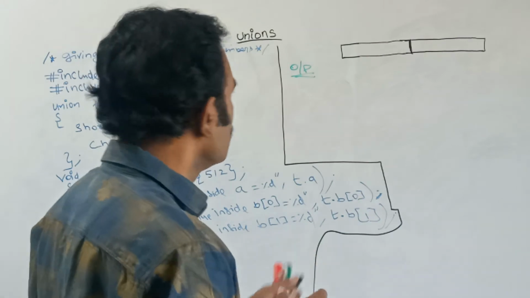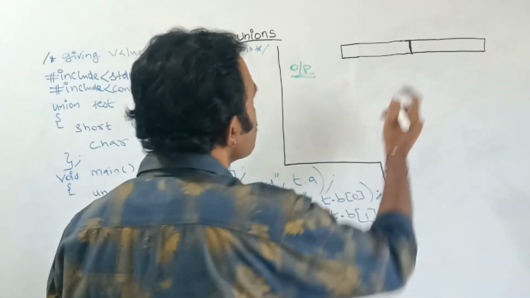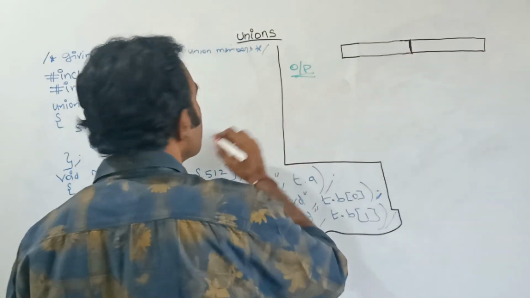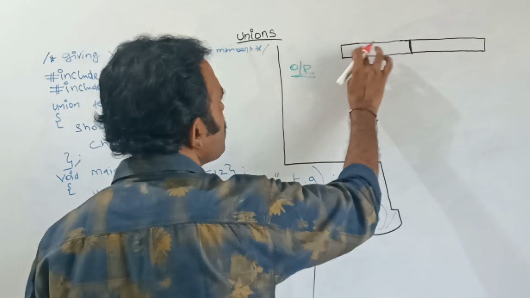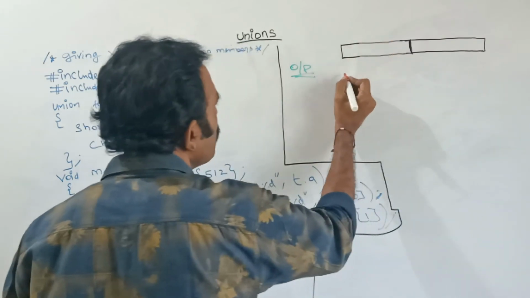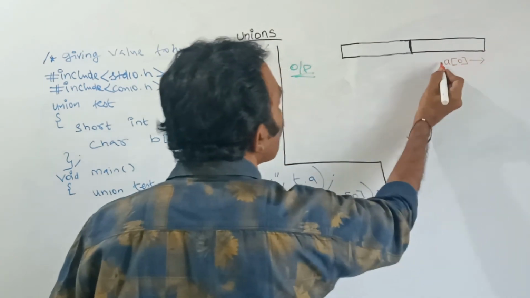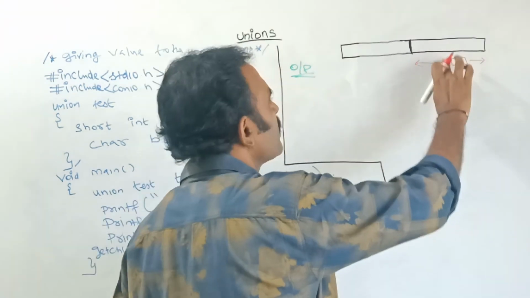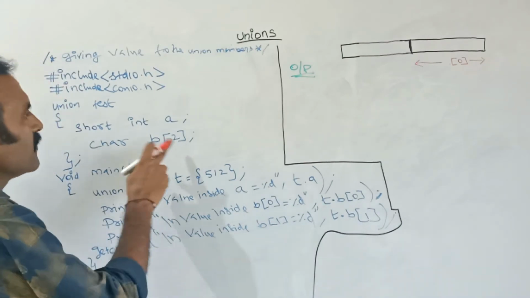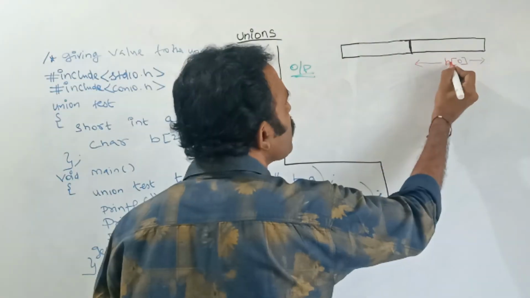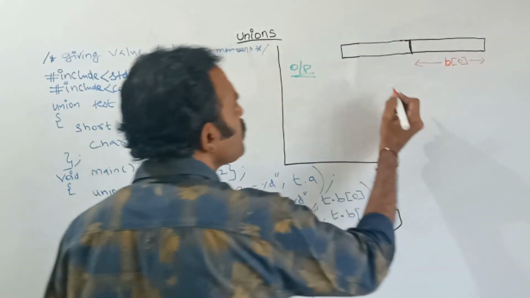So this is used for both A and B. This is the same memory space, common memory space for both members. So for B I am telling here B of 2. So B of 0, this is the first byte.